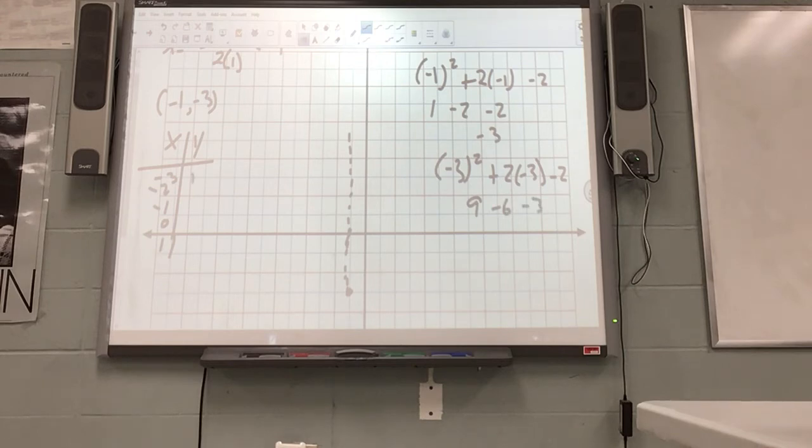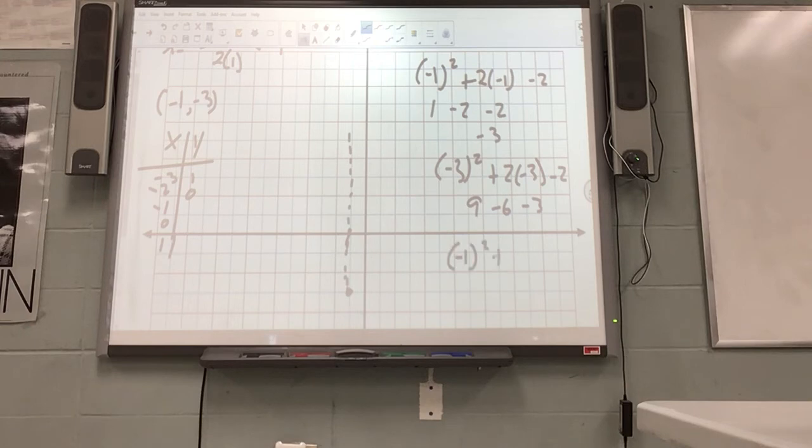I am finding other points so I'll know where to draw my U. So once I get my axis of symmetry in the middle, I pick 2 to the immediate left and 2 to the immediate right. If you type the equation into our calculator, it would just give us this, and go to the table. Alright, so 9 minus 6 is 3 and 3 minus 3 is 0.